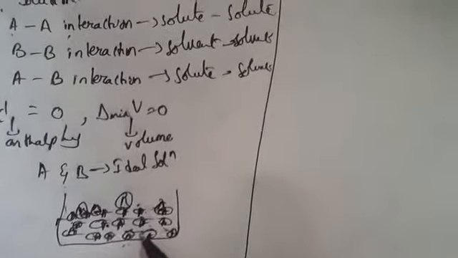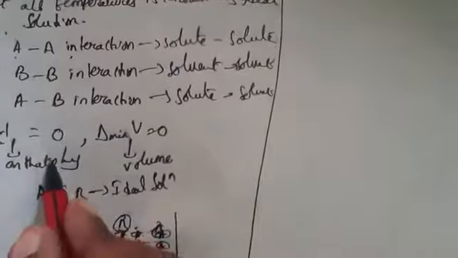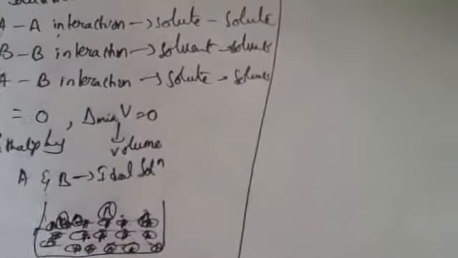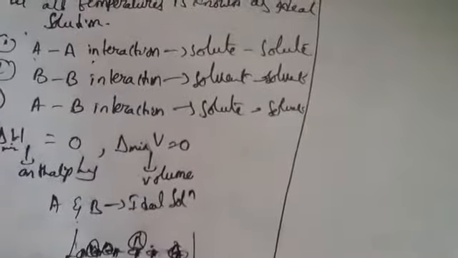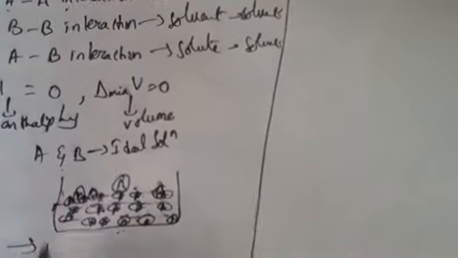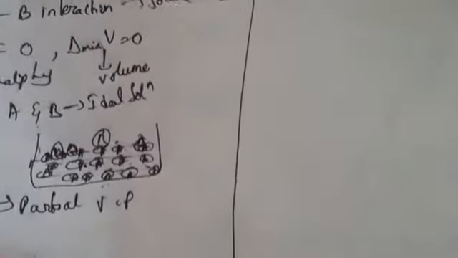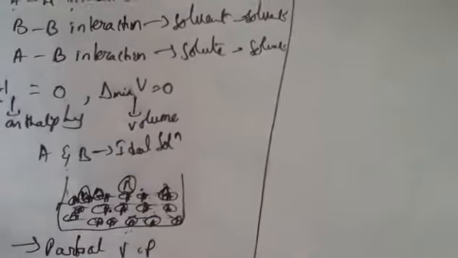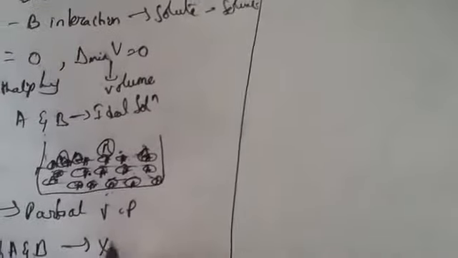That's why we say delta H mix is equal to 0 and delta V mix is equal to 0. The partial pressures of the two components are PA and PB. These two indicate partial vapor pressure, and the mole fractions of A and B will be XA and XB.